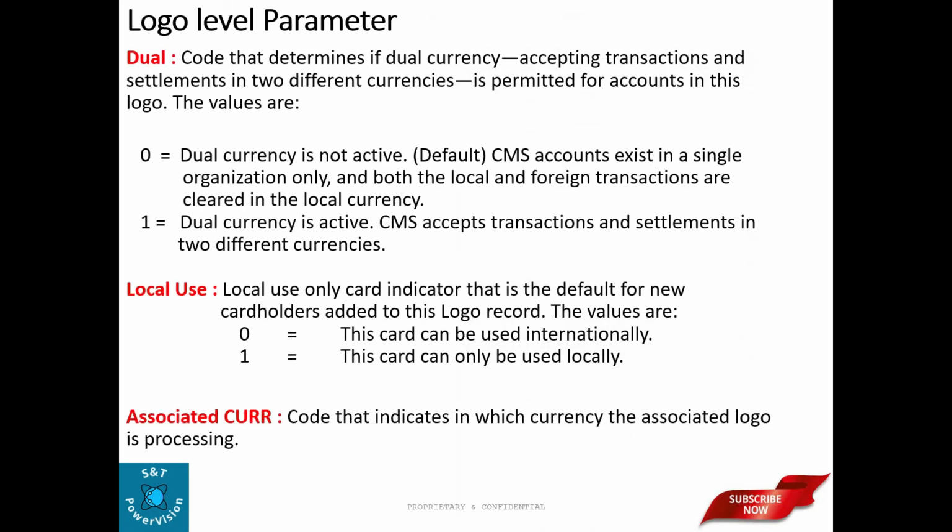Now we'll see the logo level parameters one by one, by their definitions. Dual is a code that determines if dual currency, accepting transactions and settlement in two different currencies, is permitted for accounts in this logo.